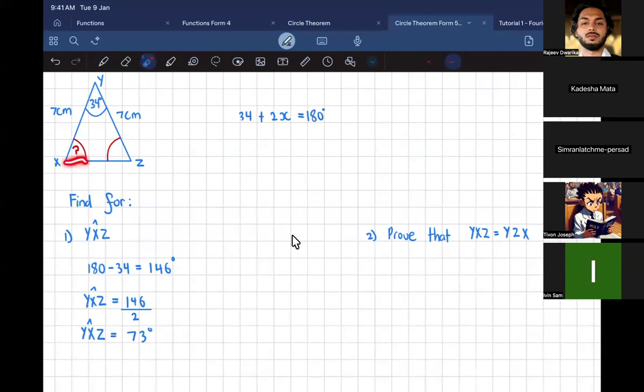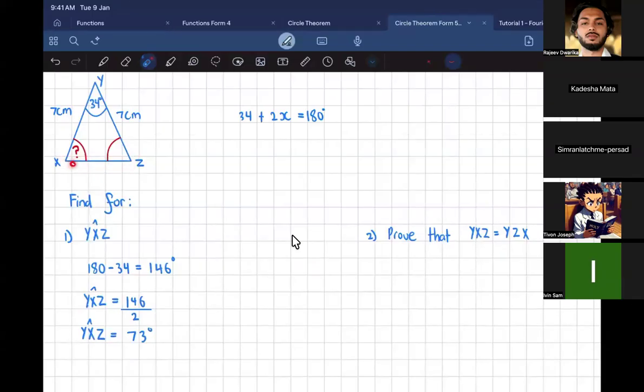Simran, these two angles are the same, right? Do we know what they are? No. Anytime you don't know something in maths, what do you call it? X, right?